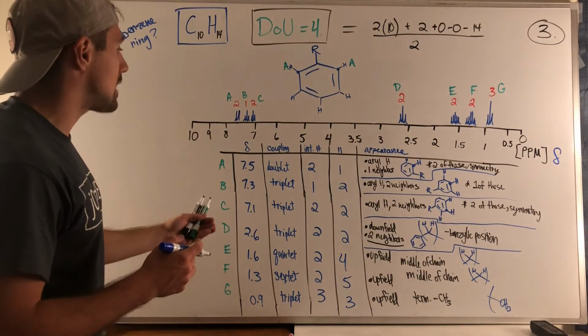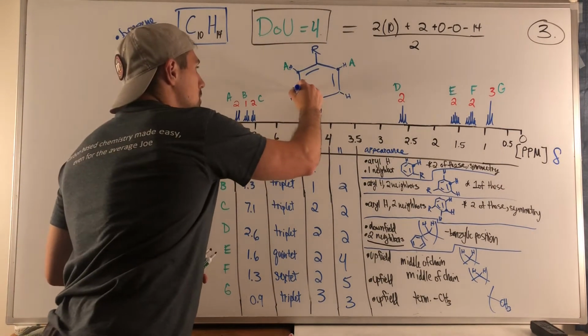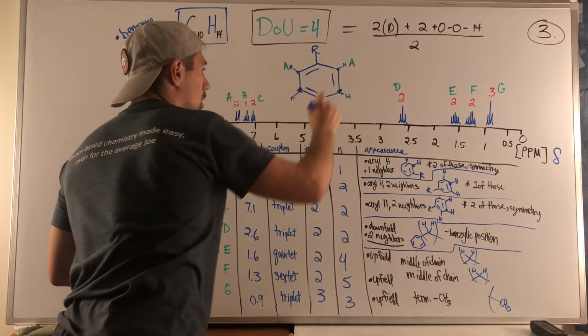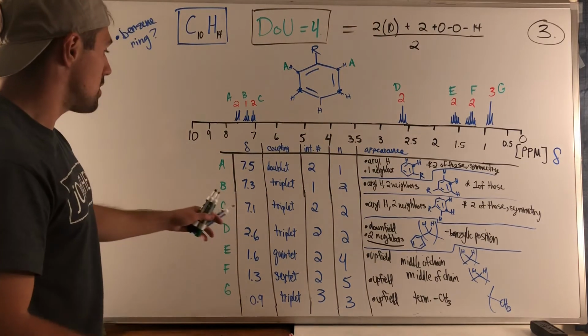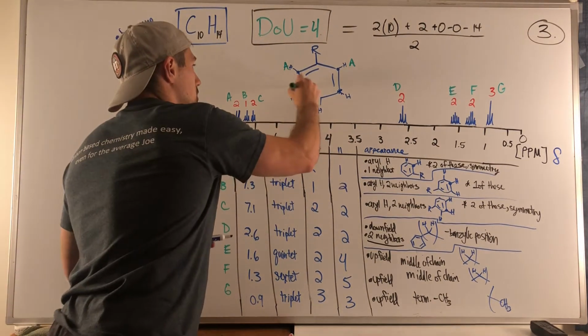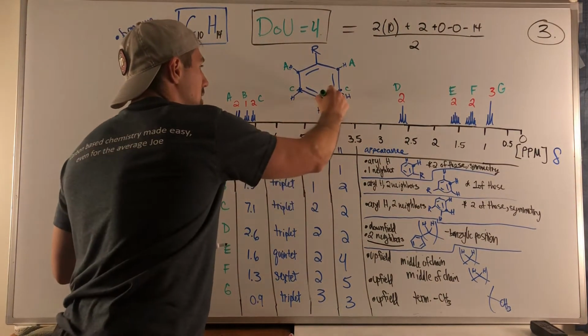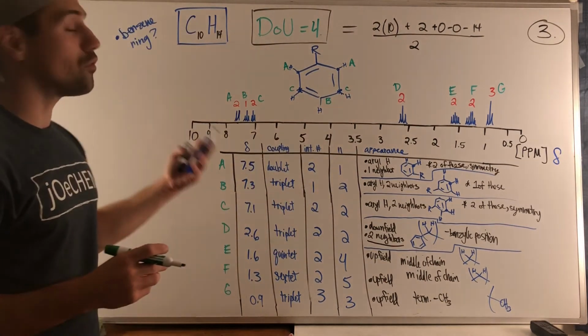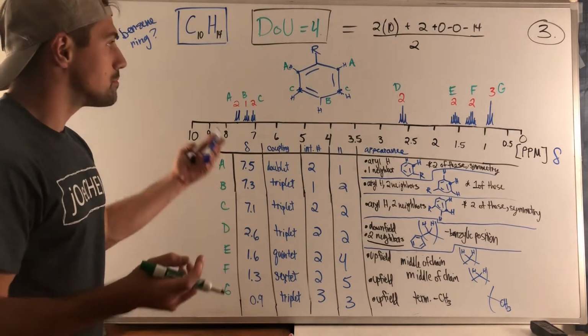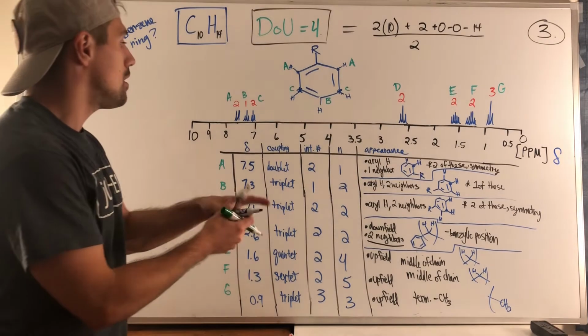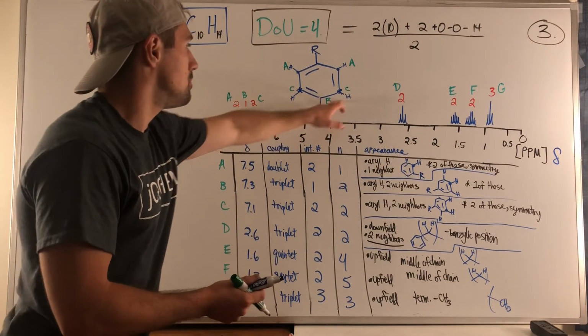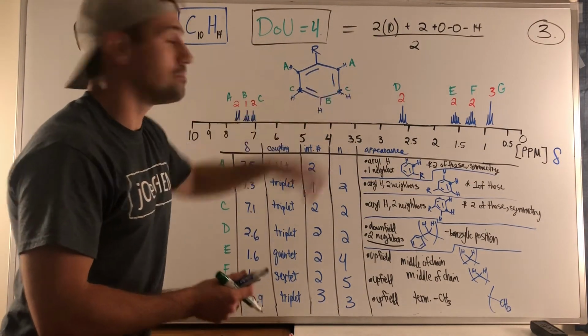I hope you're seeing that there's symmetry here, and just based on that alone, I could assume that C is right there and B is here, because B only has an integration number of 1. And just to make sure that checks out, this indeed is a triplet. These indeed are triplets. That works out.